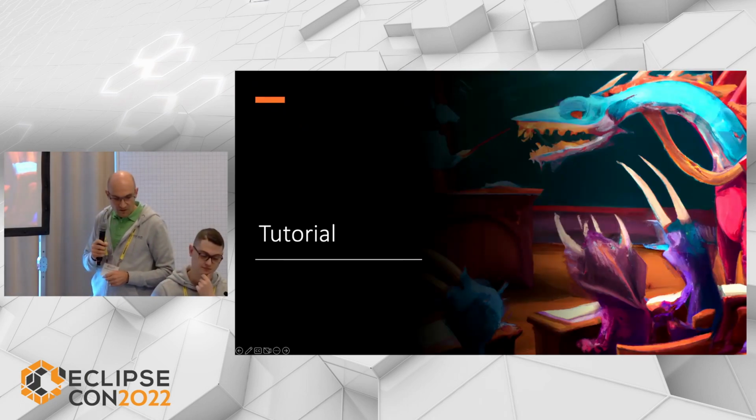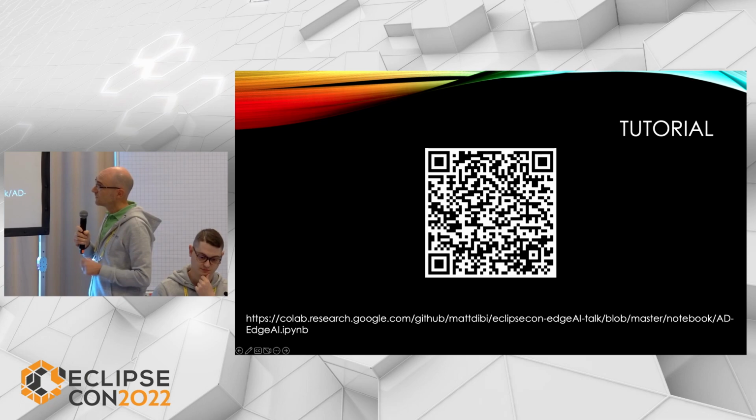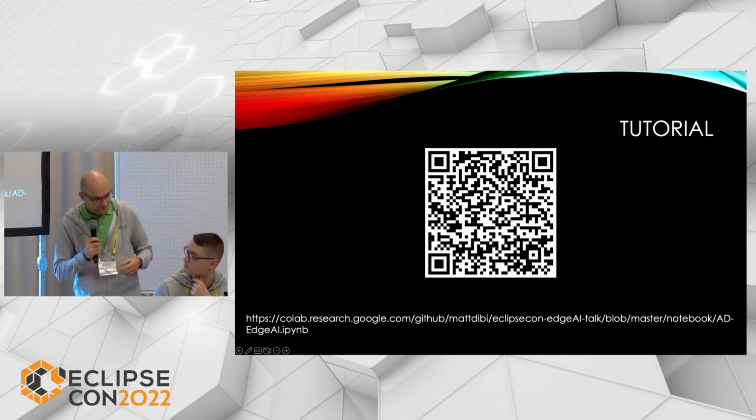Okay, so let's start the tutorial. The tutorial was developed in a Jupyter Notebook. Mattia will talk about that. We uploaded the notebook on this link. You can also take a picture of the QR code and follow all the steps that Mattia will explain for developing this type of anomaly detector.